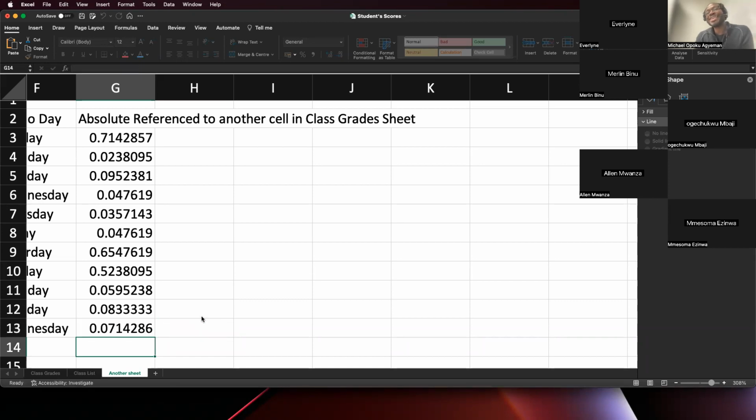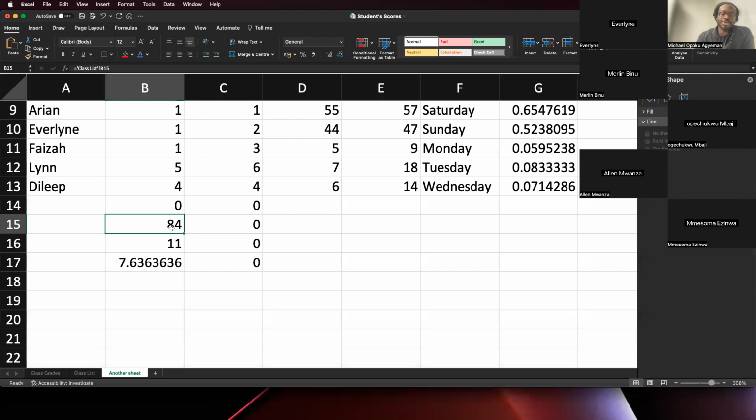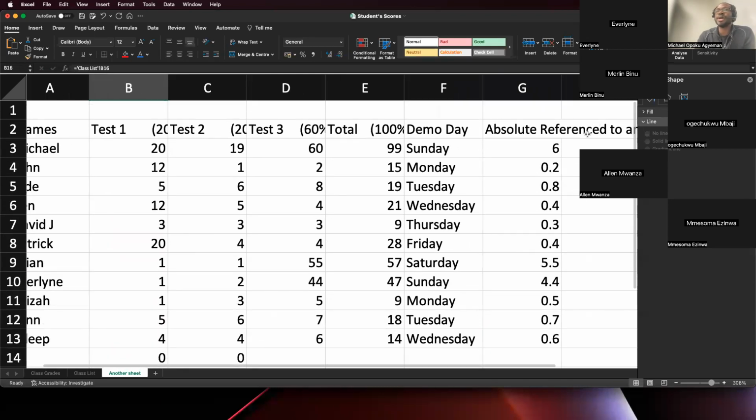Anyway, the idea is that we can play with absolute referencing and other types of referencing to make life really easy for us. Because now if we want to change something, I just have to change this to, I don't know, 10, and it simply divides the content there by that.